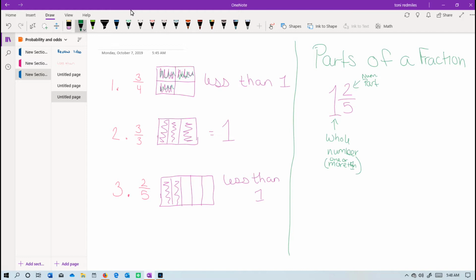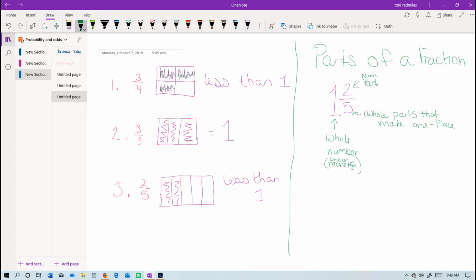This bottom, a lot of people call the whole. It is okay if you call it the whole, but don't confuse it with the whole number. This is the whole parts that make one. What I tell my students is to think of this as its place value.